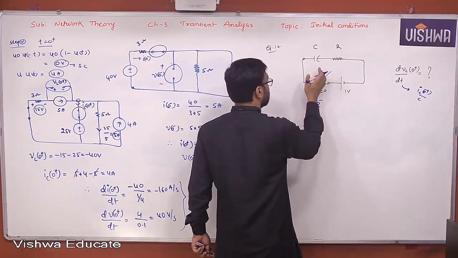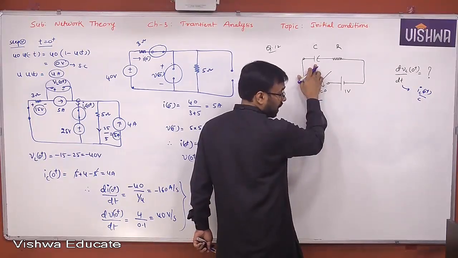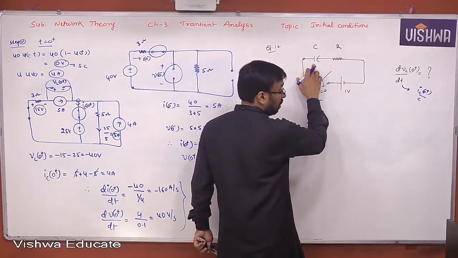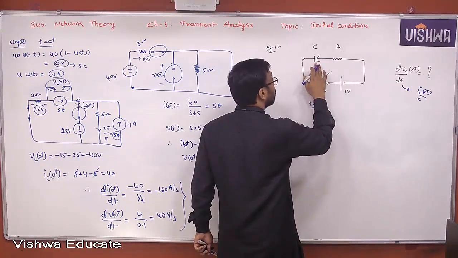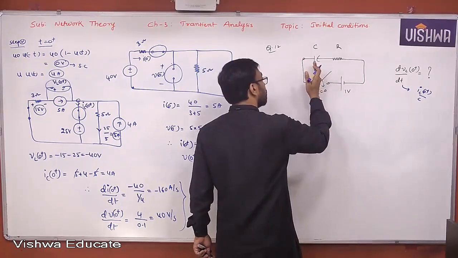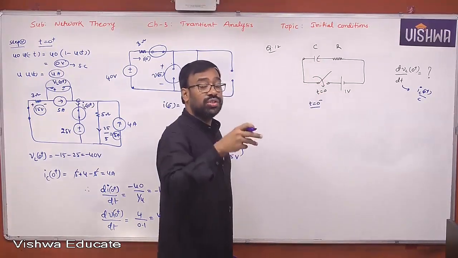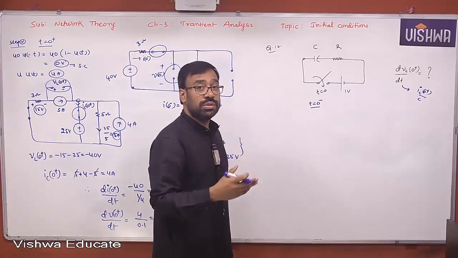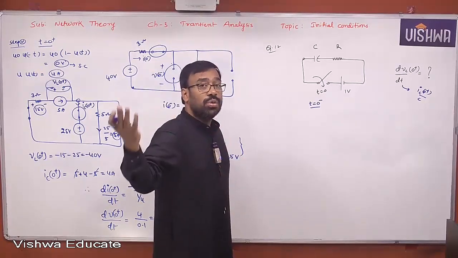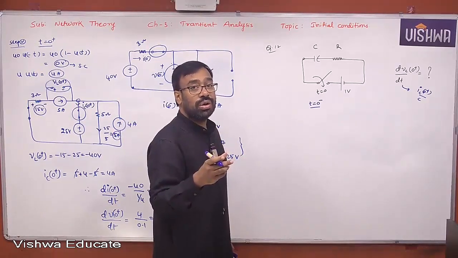At t equal to 0 minus, he did not mention any voltage across the capacitor. That means it is uncharged. Sometimes he will mention what the voltage across the capacitor is initially. You can ask me, sir, how is it possible to have charge across the capacitor before closing the switch? Yes, it was charged outside and kept in the circuit for a long time.